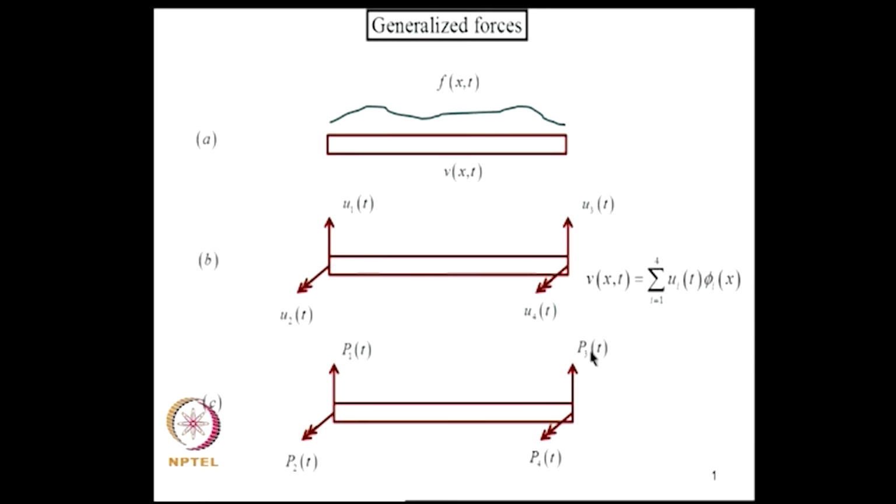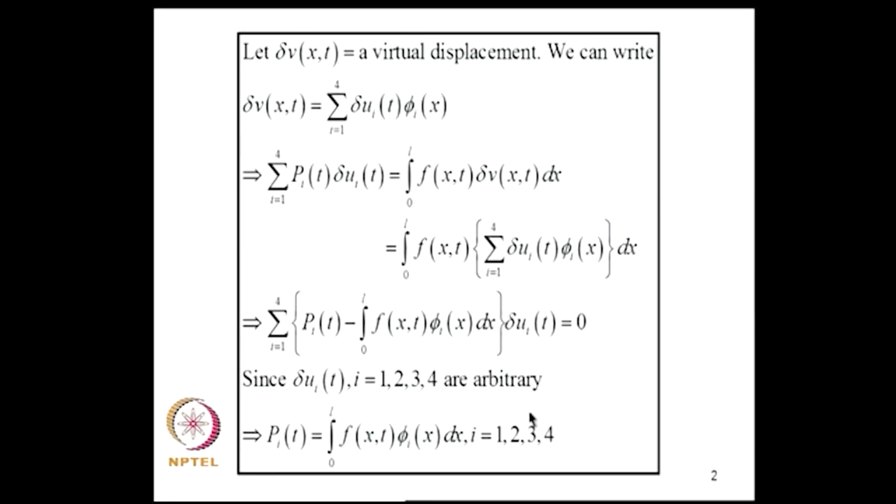The problem here is, the displacement field is represented in terms of nodal displacement and these interpolation functions. So, how do we represent this distributed load in terms of equivalent nodal forces? How to find P1, P2, P3, P4 in a way that there is an equivalence between this load and this set of loads. What we considered was a virtual displacement, represented in terms of virtual nodal displacements multiplied by the interpolation functions, and the work done was equated.